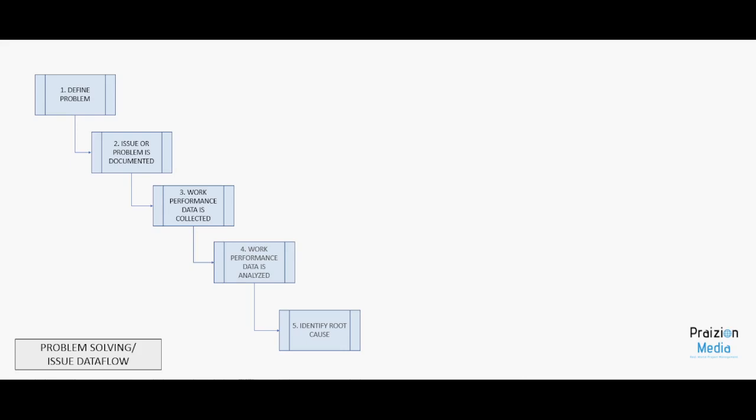So think about it like this. You got this work performance data. It's going to be analyzed. You're going to find the root cause, and you are eventually going to generate work performance information, which is your analyzed work performance data. This work performance information is going to help you better make sense of the data so that you can arrive at sensible conclusions regarding this problem.